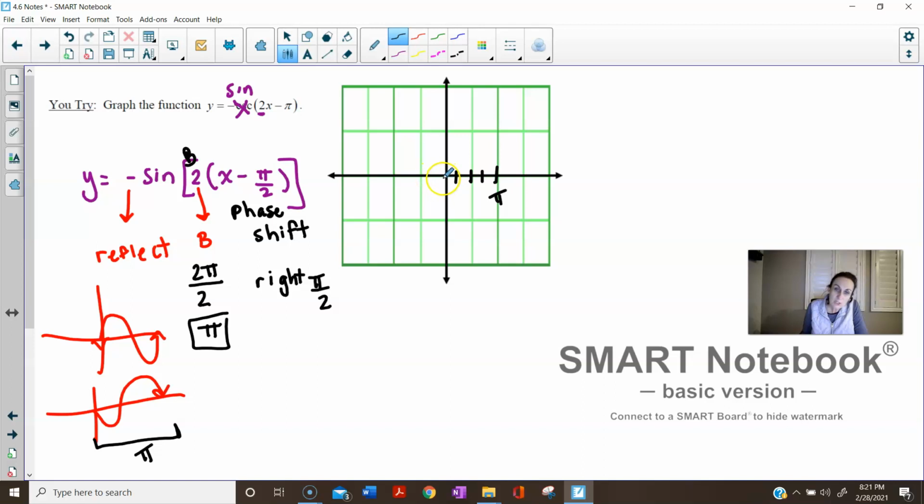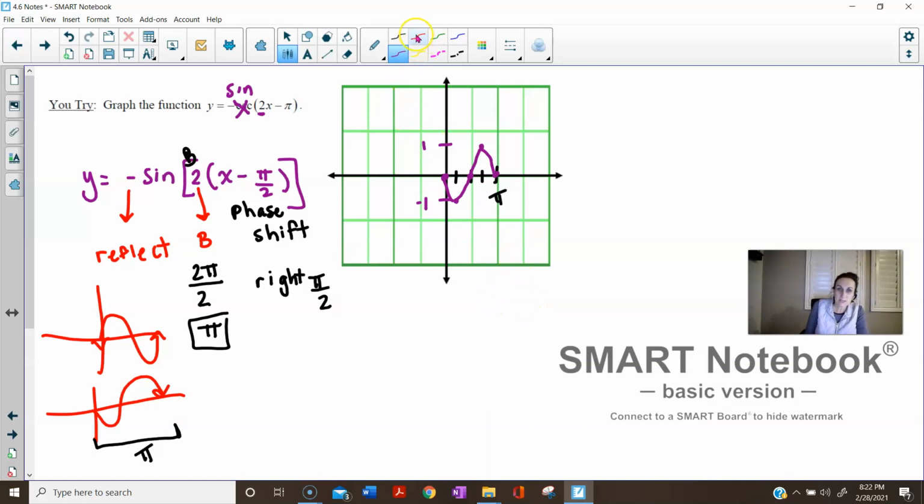And so you're going to start here at 0, 0. And maybe I'll put -1 there and +1 there. And so I'm going to go down and under, up and over. So here's my graph, down and under, up and over. And that's what the graph looks like without the phase shift.